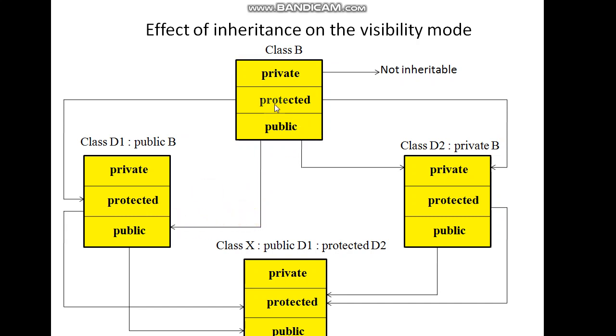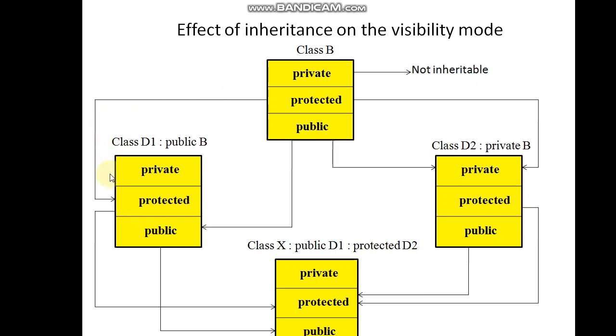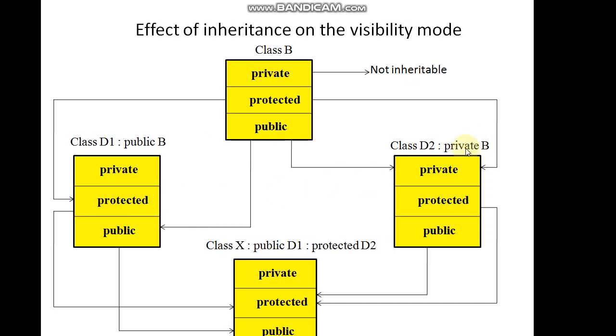If we are deriving the properties publicly, public members of the base class will become public members of the derived class. Protected members of the base class will become protected members of the derived class. In case of private derivation, protected members as well as public members will become private members of the derived class.